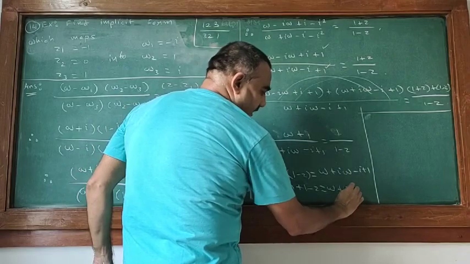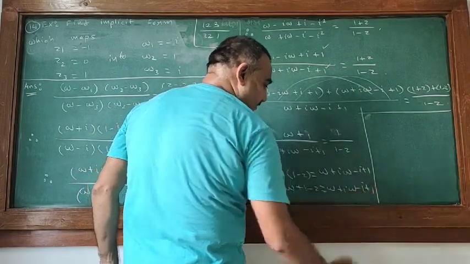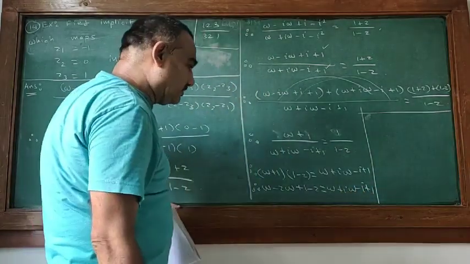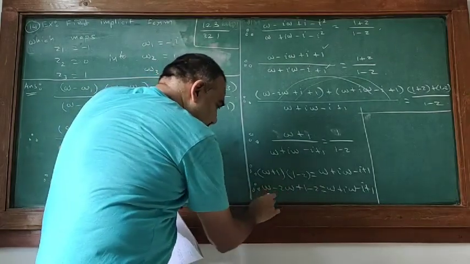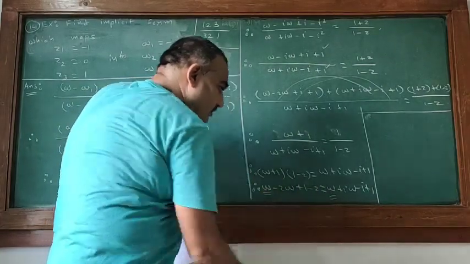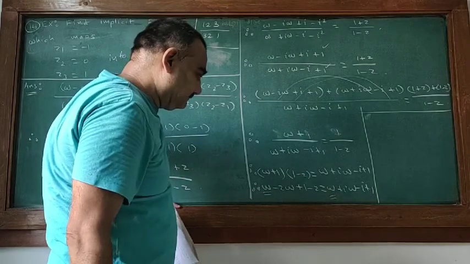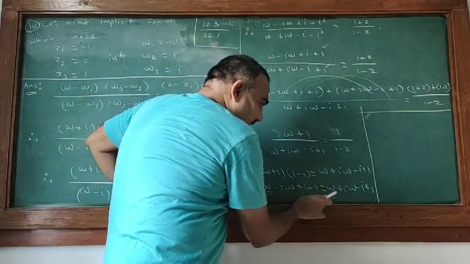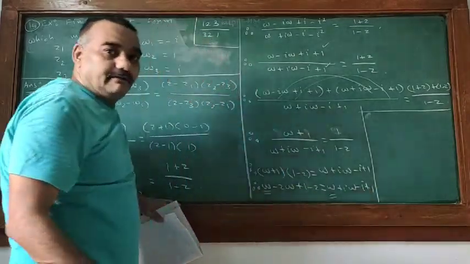So now we cancel out the same terms from both sides. Omega, omega will be cancelled. This plus 1 is here, plus 1 is there, so it will be cancelled.